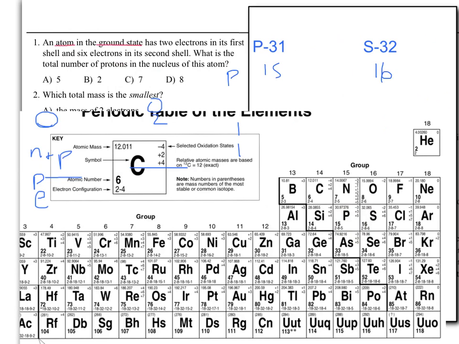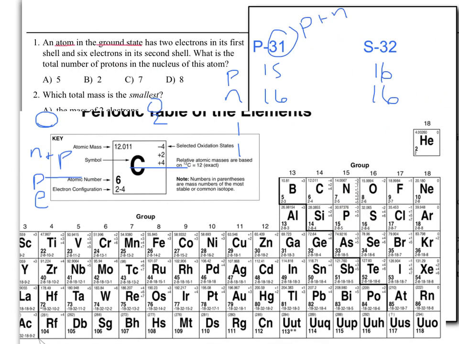Now, if we wanted to determine the number of neutrons, since this number here is the protons plus the neutrons, all we have to do is subtract the proton number to determine the neutron number. So phosphorus has a neutron number of 16. And sulfur, 32 minus 16, has a neutron number also of 16.